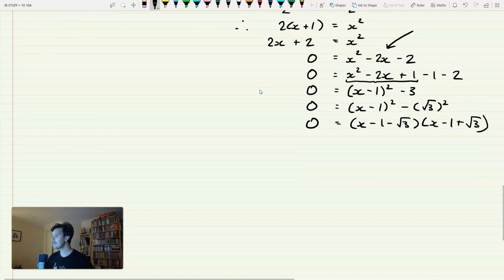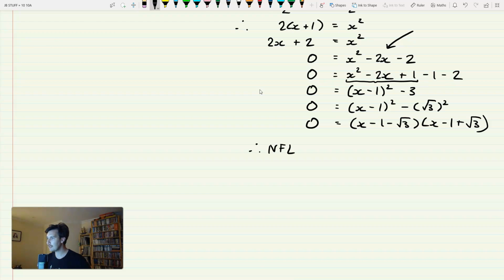Okay, so here I'm going to say, therefore, because of the null factor law, the values that I could use to make the expression equal 0, x equals 1 plus the square root of 3, or we could have x equals 1 subtract the square root of 3.